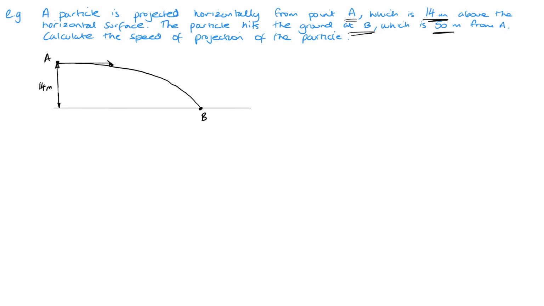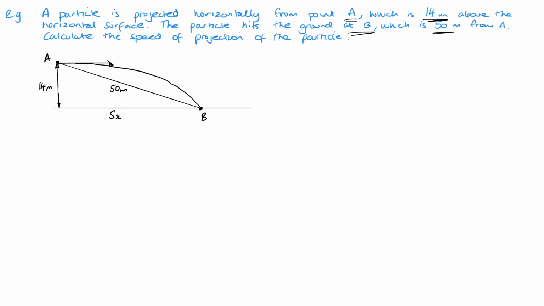It's not very clear what this should be. It should perhaps have been a little bit more clear in terms of how it's written. If it wanted the horizontal distance, it would say the horizontal distance. Usually it will make it a little bit more obvious, giving you slightly more words, just so you know it's not the horizontal.